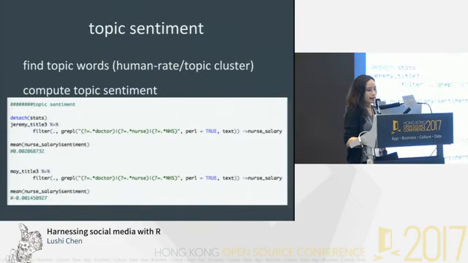Okay, so what I usually do is topic sentiment, as I just showed you with the topics on Facebook about religion or holiday. So how did I do that? First of all, I select sentences that mention the topic keywords. I grabbed some Reddit data a few days ago, and this time I did not have humans manually select topics.